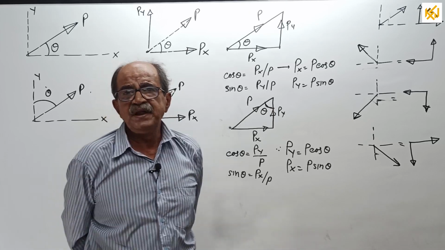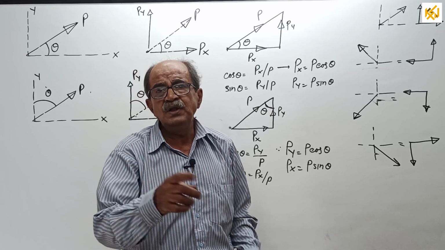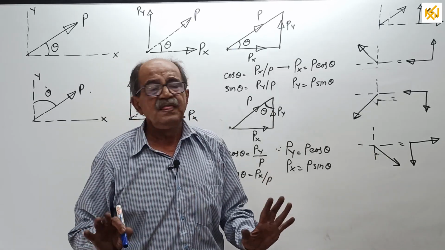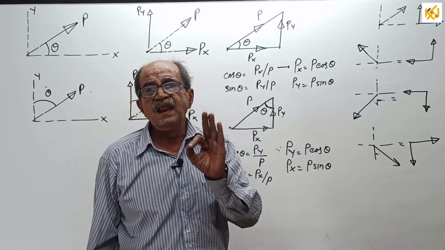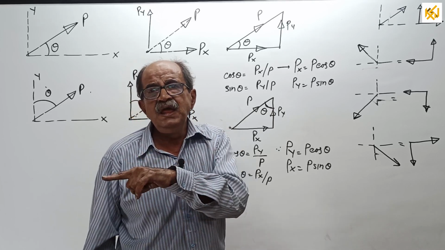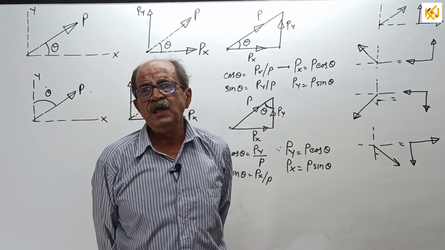Therefore, what you can conclude now? I will conclude in words. You should write it if you want. I am not writing on the board now, I am dictating. See, first decide the angle made by the force with any one of the reference directions or reference axes. Completely your choice.